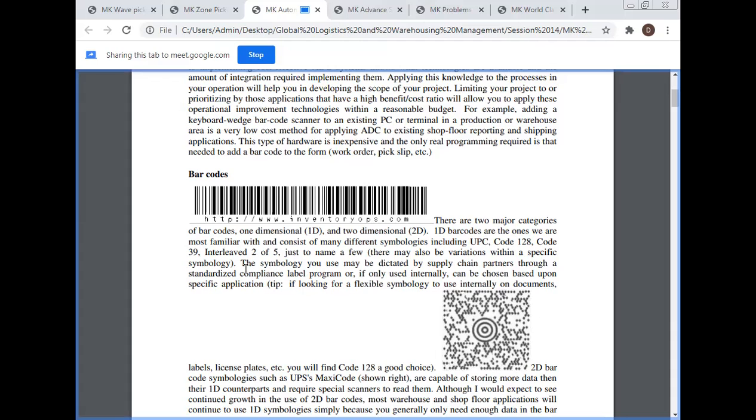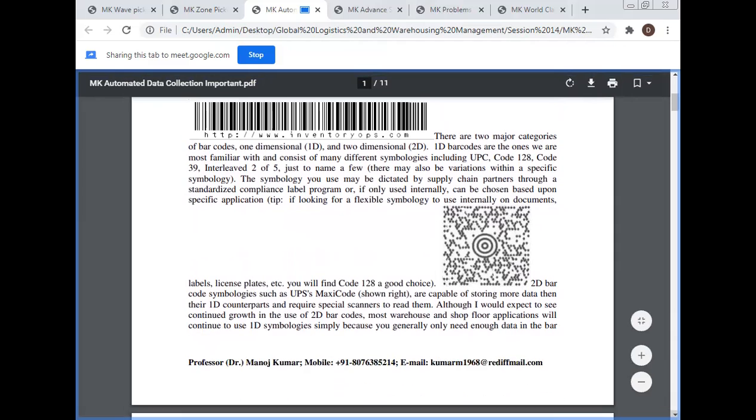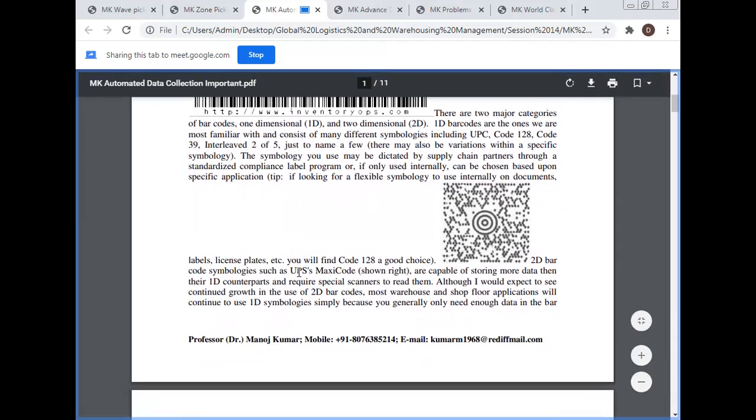The symbology you use may be dictated by a supply chain partner through a standardized compliance label program. If only used internally, it can be chosen based upon the specific application. For labels such as license plates, you will find Code 128 a good choice.